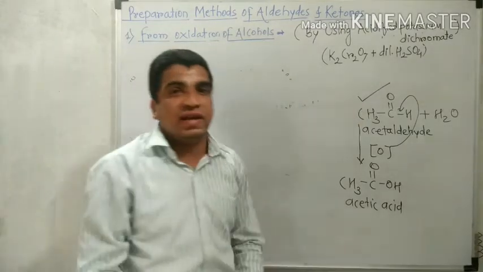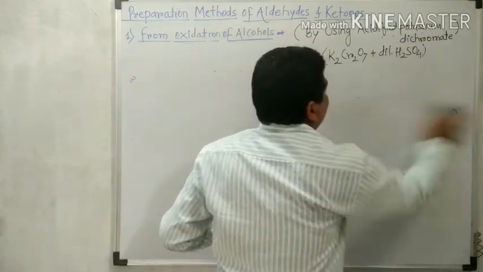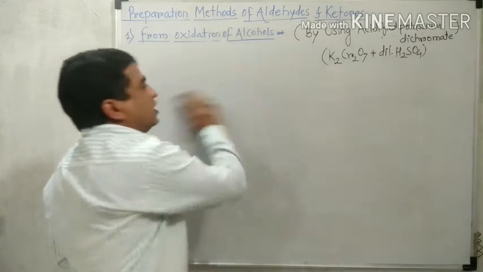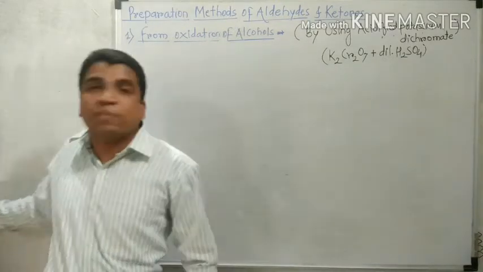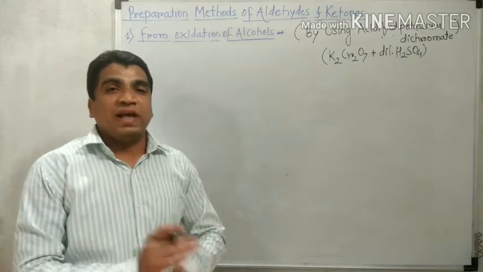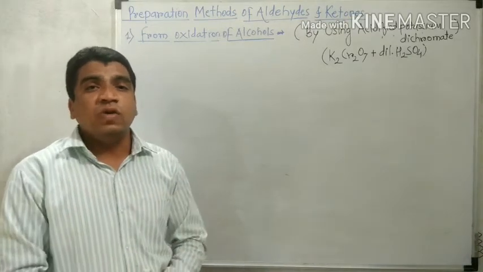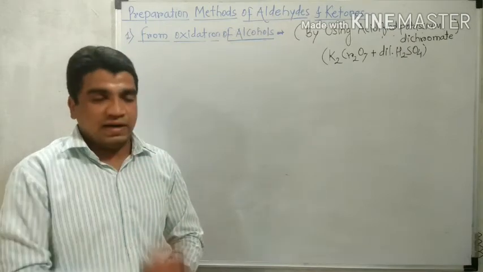Now memorize the reaction. How do we prepare an aldehyde from the oxidation of primary alcohol? When primary alcohol undergoes oxidation using acidified potassium dichromate, the primary alcohol is converted to the respective aldehyde.